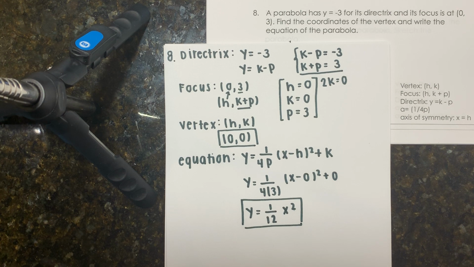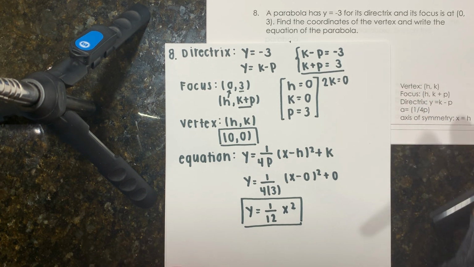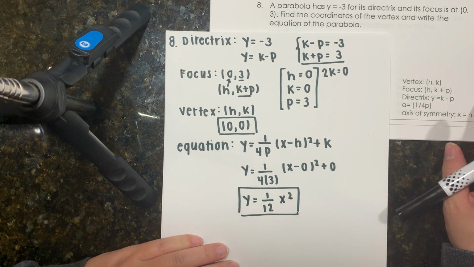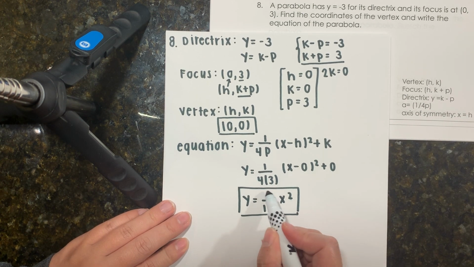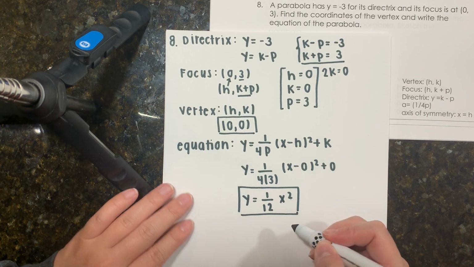I didn't type out that you had to sketch this problem, but I think you probably need to. So we're going to go through and graph our parabola. So this right here is positive, so I know it's going to open up.